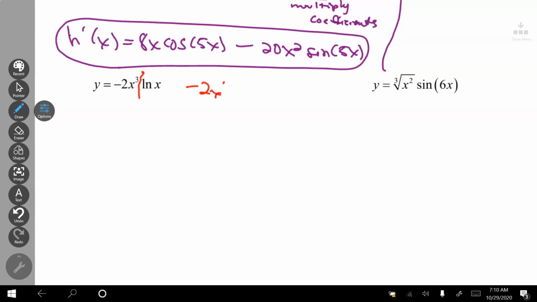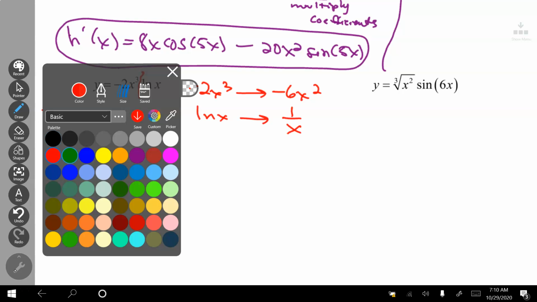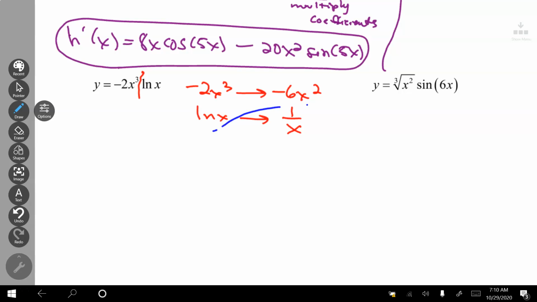Okay, well, I guess I could split this in half. I have negative 2x cubed, derivative of negative 6x squared. I have ln of x. Its derivative is 1 over x. Do my crisscross. I'll do this one first. Y prime equals negative 6x squared ln of x.